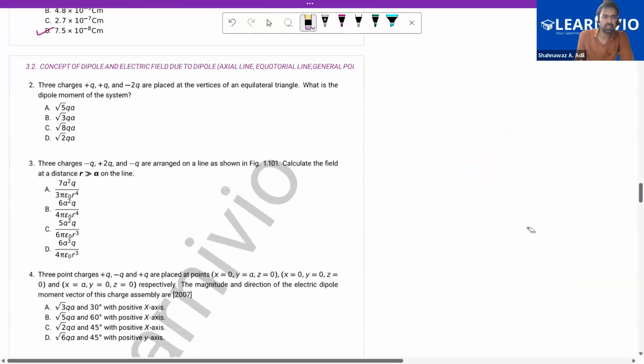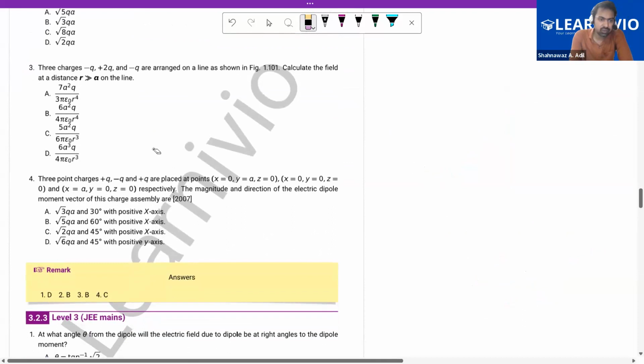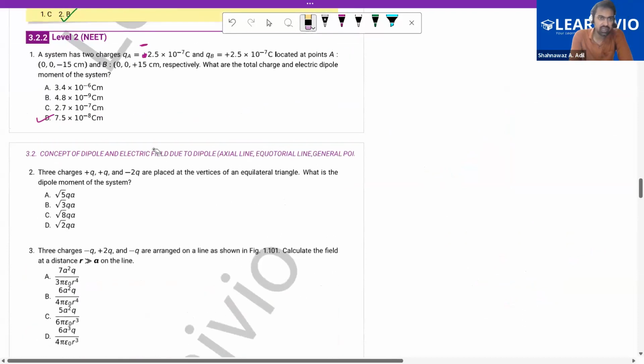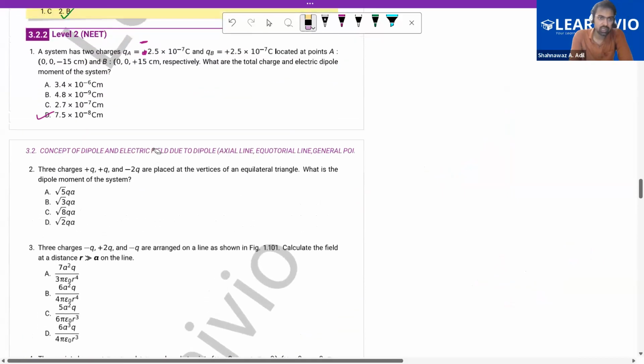So, three charges. I will do only this question, because the other questions are not needed. The fourth one is also an easy one, but you can try these, because these can be asked in your exam. These are very important questions on electric dipoles.